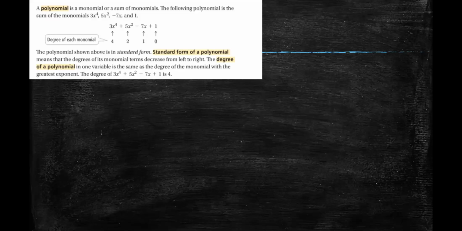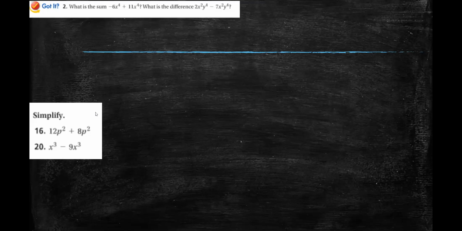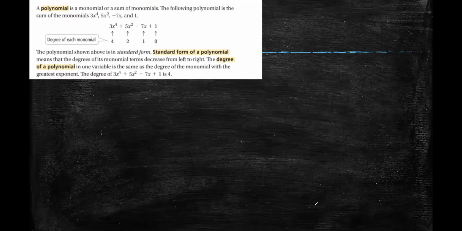Here we say that 3x raised to the power 4 is a monomial, and 5x squared is a monomial, negative 7x is a monomial, and plus 1 is also a monomial.